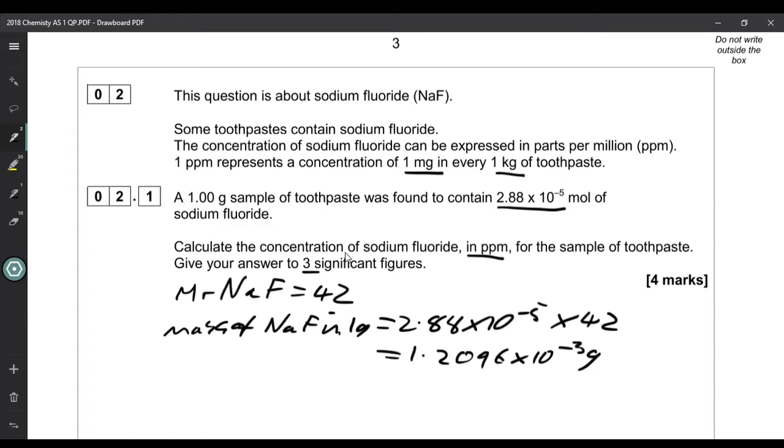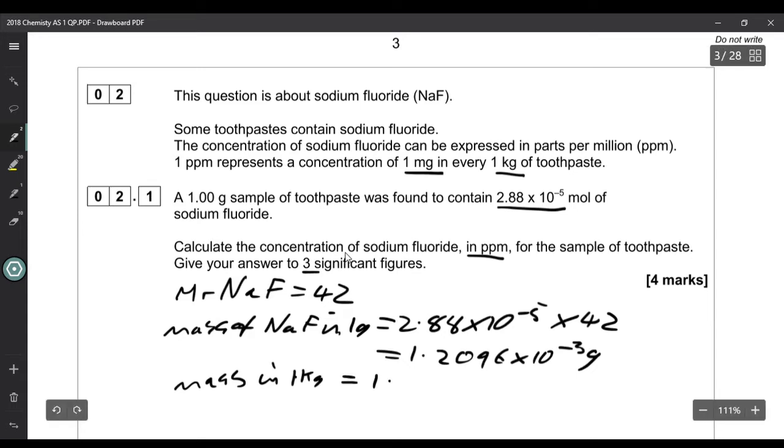So the mass that would be in 1 kilogram of the toothpaste would just be this times 1000, so it'd be 1.2096 grams, which we put into milligrams, because don't forget parts per million is milligrams in a kilogram, so that would equal 1209.6 milligrams.